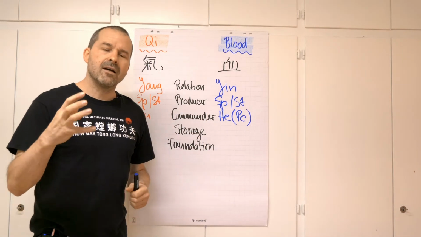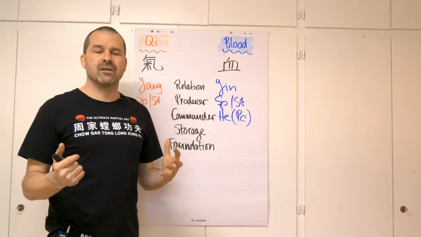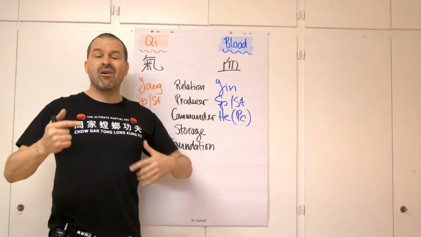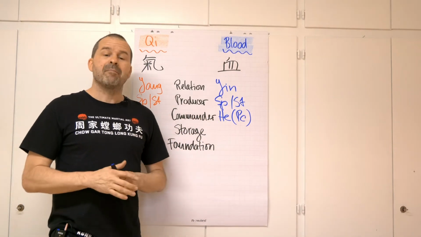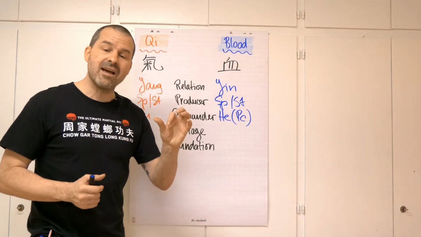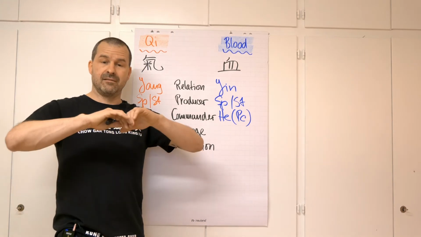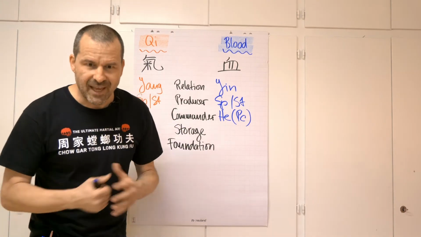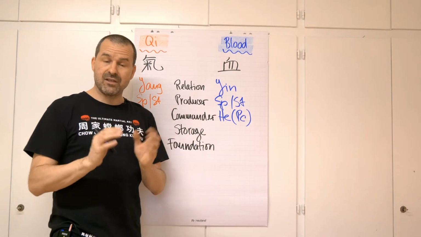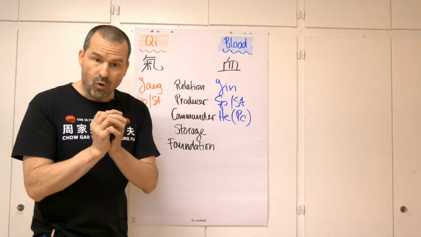In the classics, there are only 5 zang organs, the solid organs, and today we count 6 zang organs. But in the beginning there were only 5, so we never split heart and pericardium apart. Heart and pericardium were always one organ.